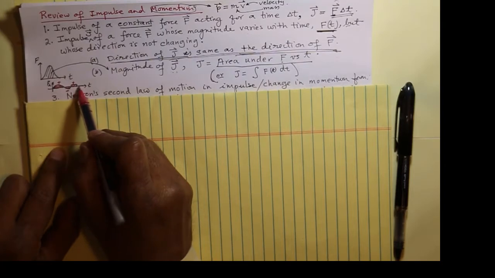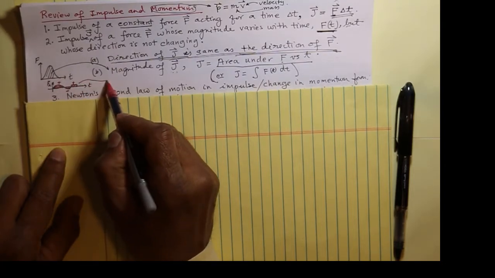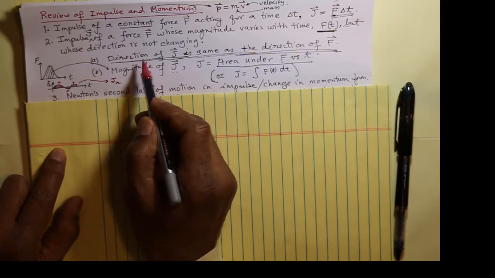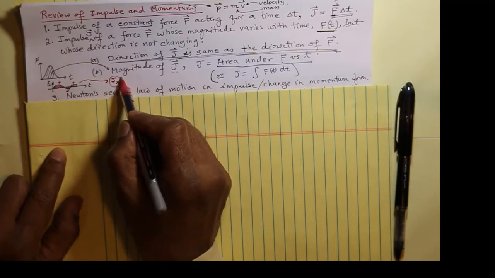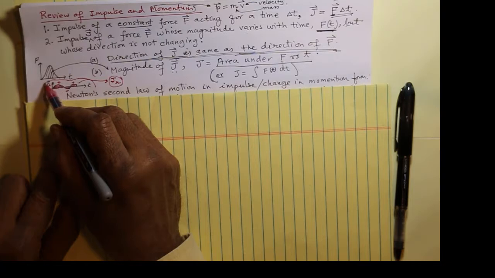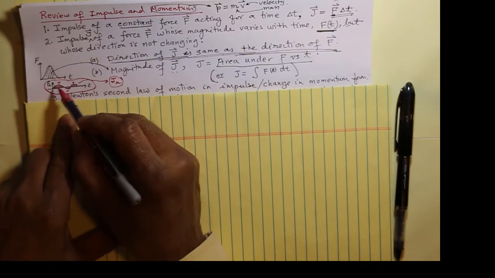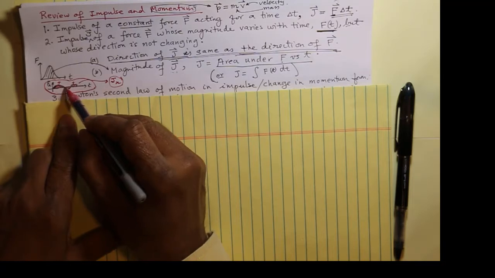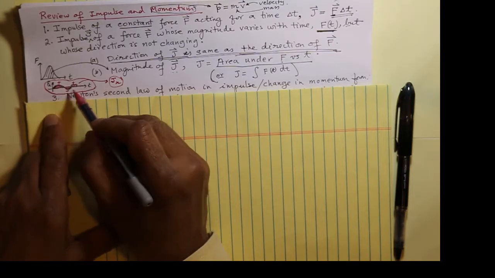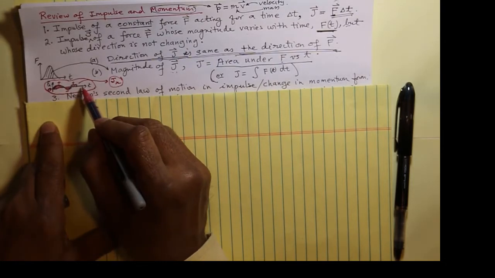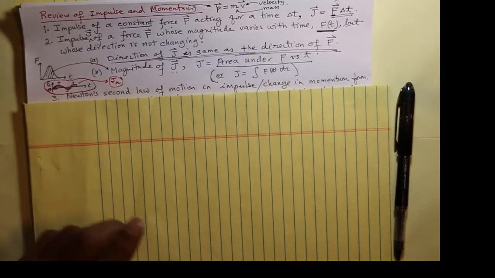So we'll have to add all of this to get J sub x. I won't get the full J, I'll just get the x component of J if I'm working with the x component of the force. But the idea is the same, area under the curve. This is the area under the curve, and this is the area above the curve. The reference for under and above is this line, the zero force line. Okay.